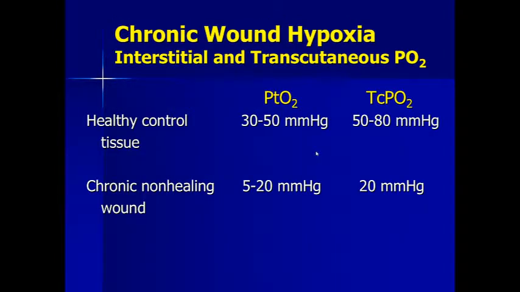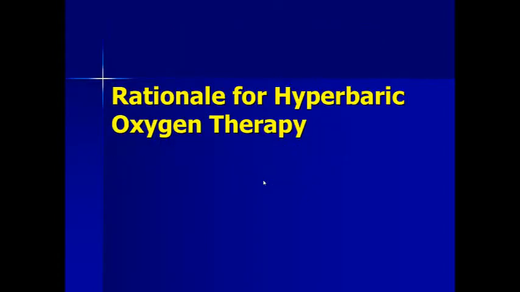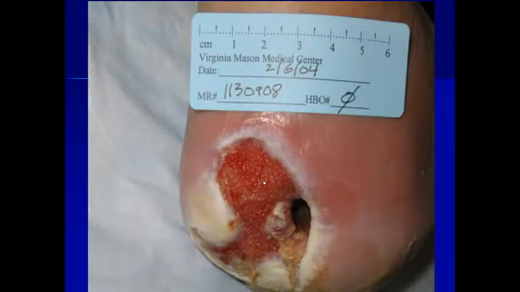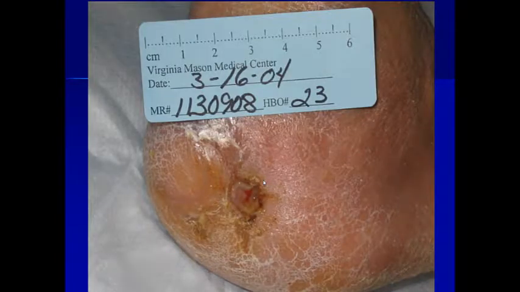If you measure the oxygen tensions in your wound healing bed, it's typically less than 20, compared to 30 to 50 in your healthy controls. Once you have a hypoxic environment, everything works worse. The neutrophils don't work, your fibroblasts don't work, you can't build the collagen to help with wound healing, and you have impaired capillary growth. That's your rationale for HBO, and this is just some pictures of HBO helping this diabetic heel ulcer.